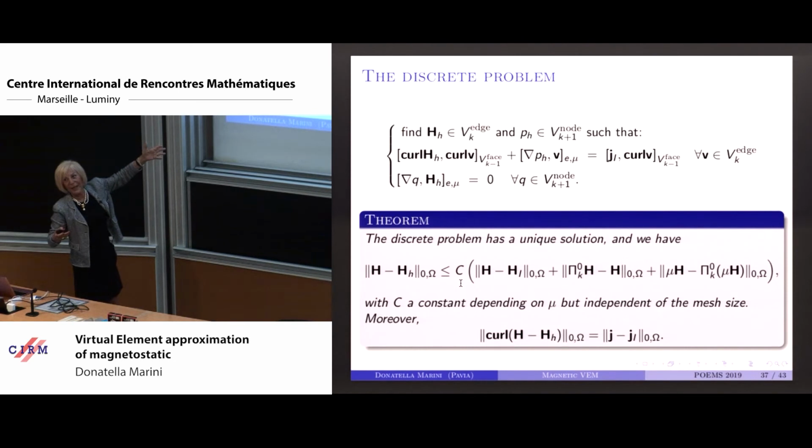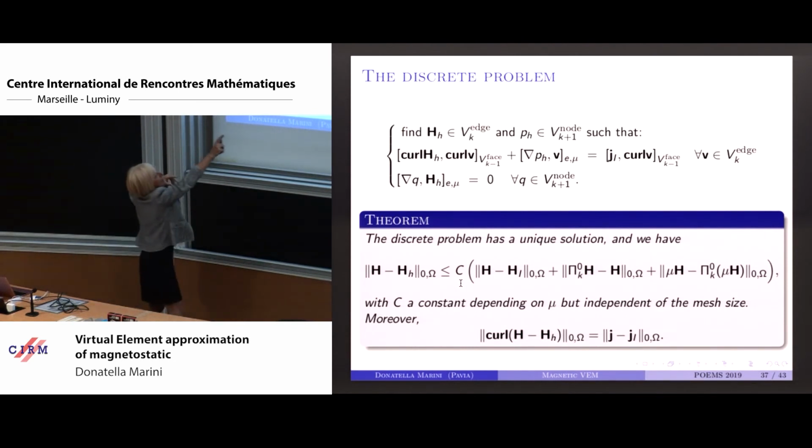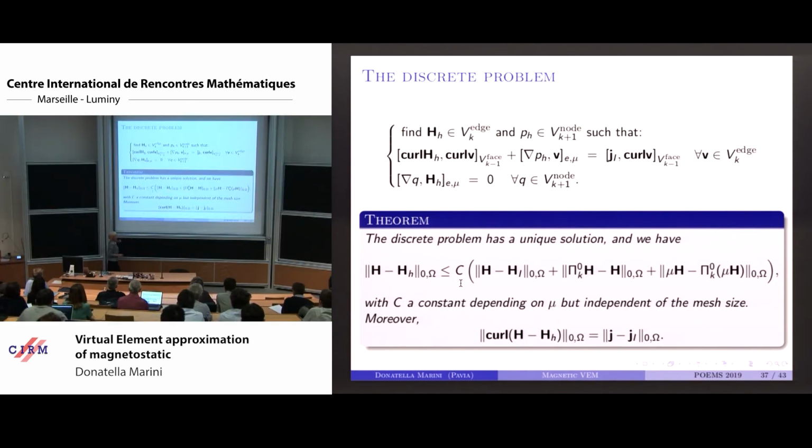So we will have order h, provided that all the three pieces are order h. Moreover, the curl of h is equal to j by definition, and curl h_h is equal to j_h. So the error on the curl part is the interpolation error on the current.